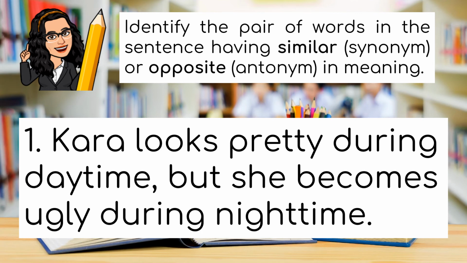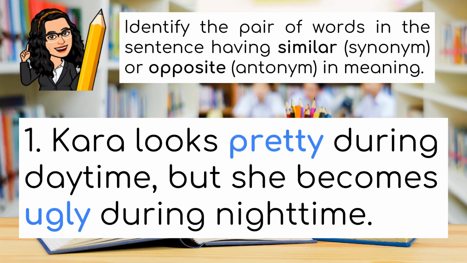For this activity, identify the pair of words in the sentence having similar synonym or opposite antonym in meaning. Number 1. Kara looks pretty during daytime, but she becomes ugly during nighttime.